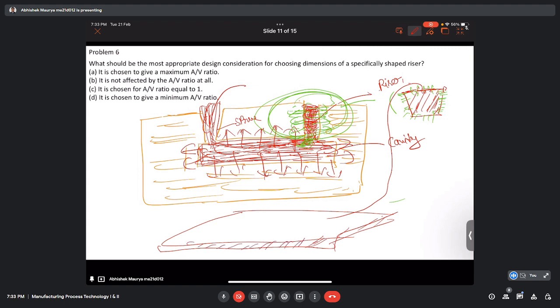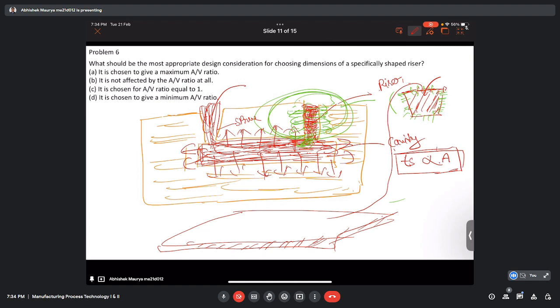So we can say the solidification time is proportional to the area. The same amount of material, if it comes into a larger contact area, will solidify quickly. Solidification time also depends on the volume.